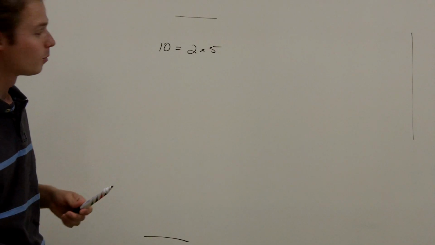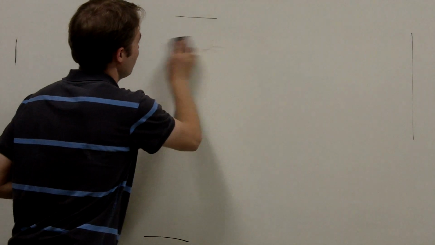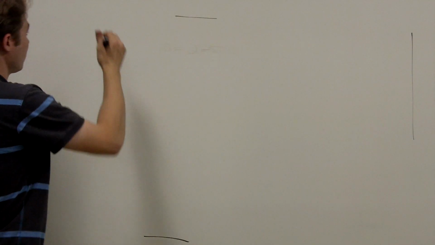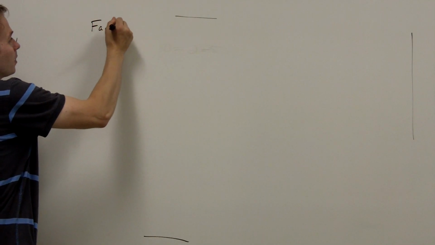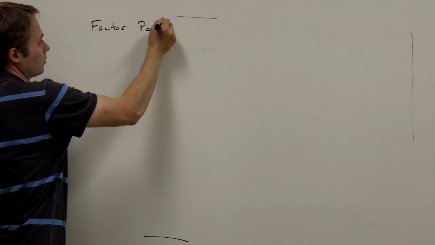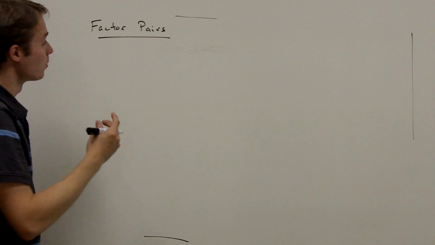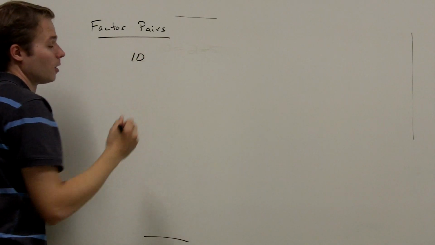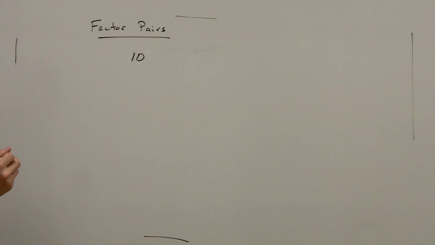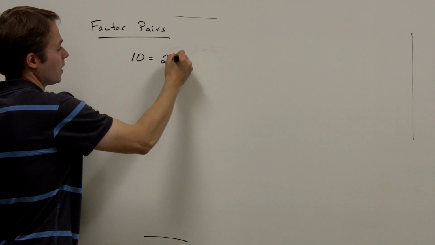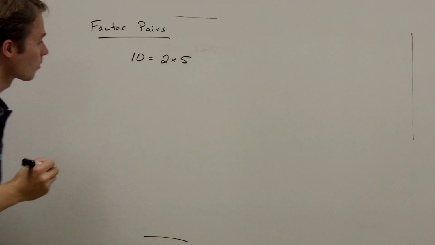What you're going to have to do on your homework is come up with as many of these pairs of factors as you can. In fact, we're going to end up calling them factor pairs. So for example, if I gave you the number 10, and we're looking for all of the factor pairs of 10, well, we could definitely rewrite this as 2 times 5.